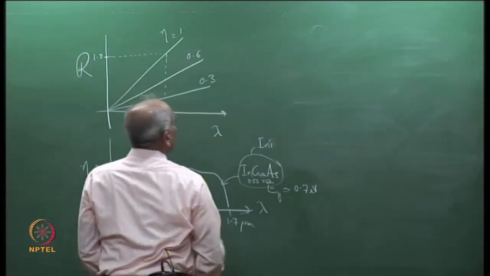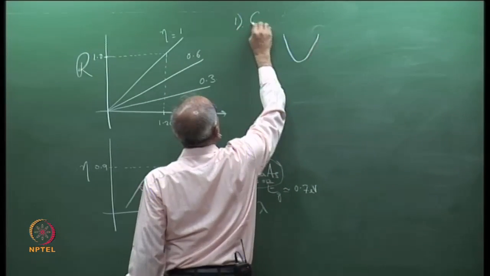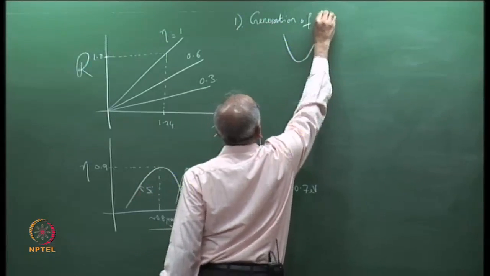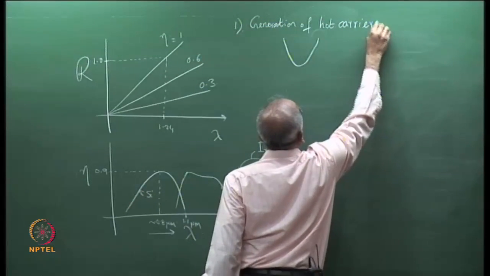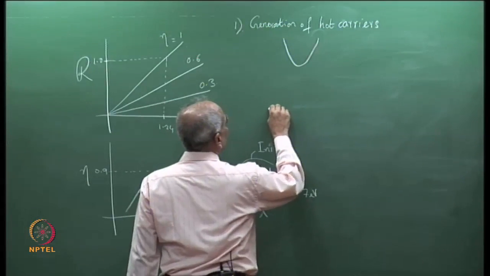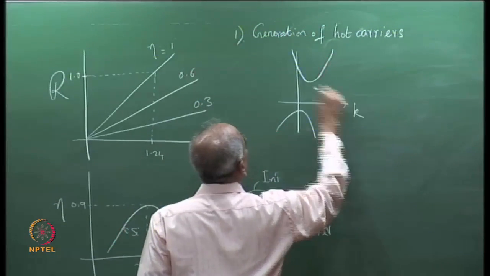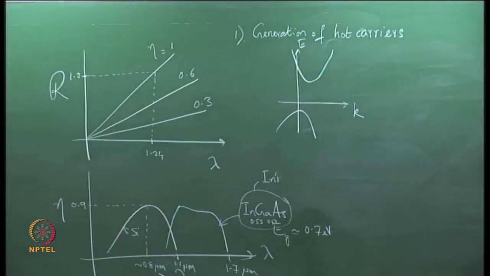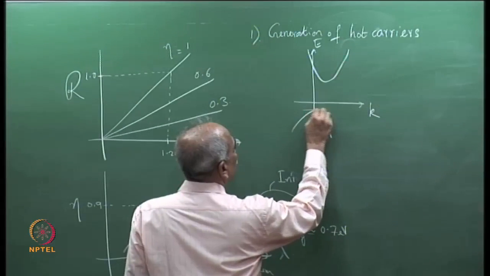One, as energy increases, because of generation of hot carriers. If you take the band gap here, this is the E-K diagram, so K versus E. I have drawn an indirect band gap semiconductor to indicate that it is silicon, for example. And when the energy is larger, for example, this is the Eg.